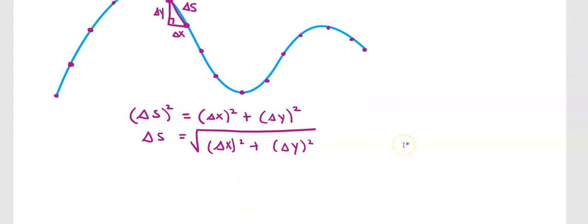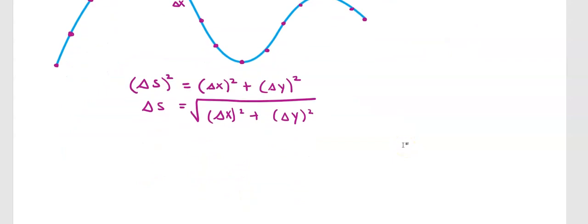Well, using some algebraic manipulation, we know that if I divide by something and multiply by that something, I'm really not changing anything. I'm just manipulating it, and I'm really just working with a form of the number 1, right? So let's say I divide, so here's my delta S again. Let's say I'm inside the radical, and I have my delta x squared plus my delta y squared.